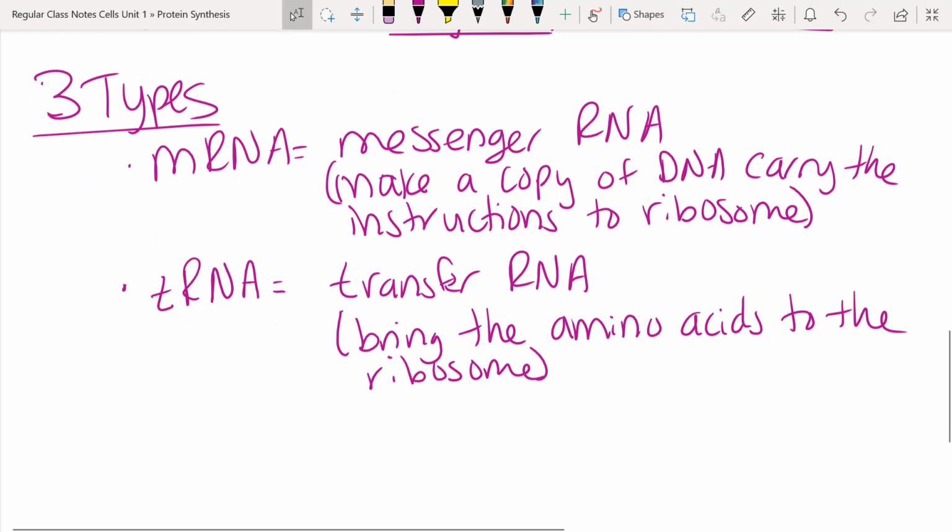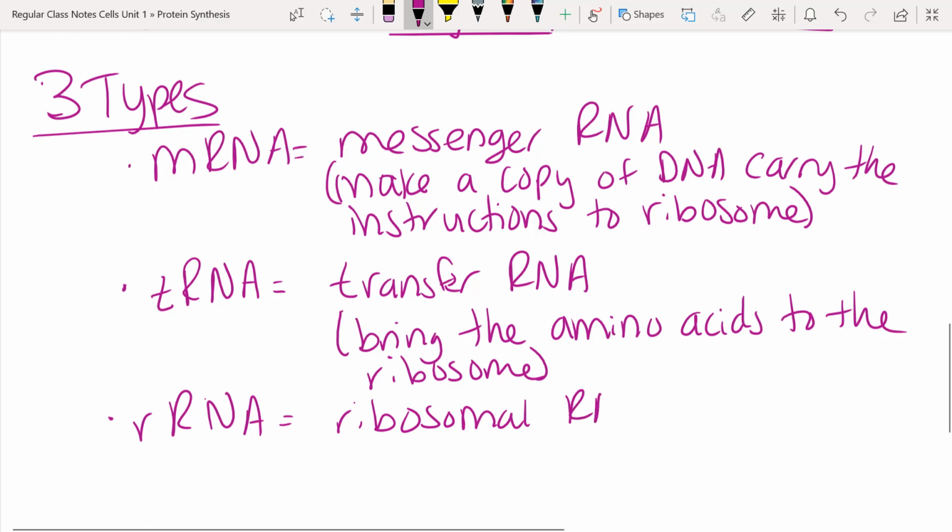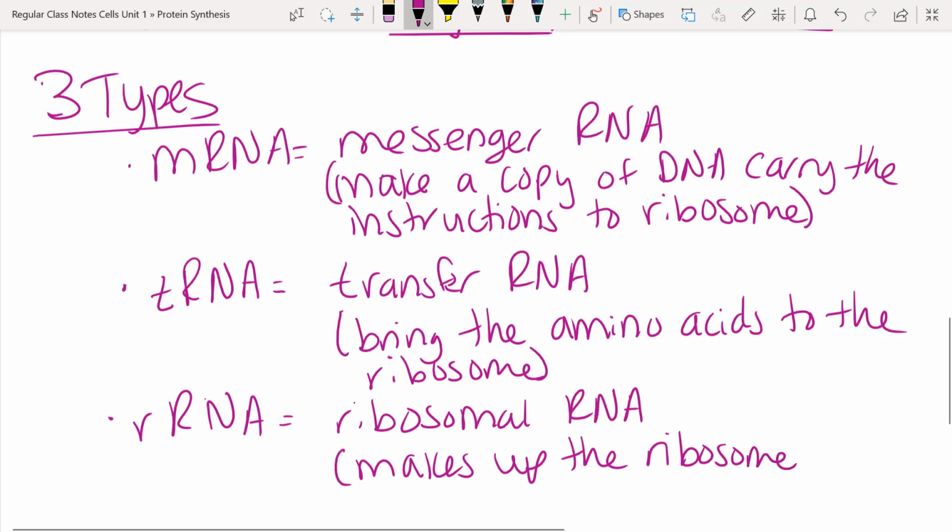Okay, and the last type is rRNA, and this stands for ribosomal RNA. And so you guessed it, this is what makes up the ribosome, along with some proteins. Okay, so those are our three types of RNA.